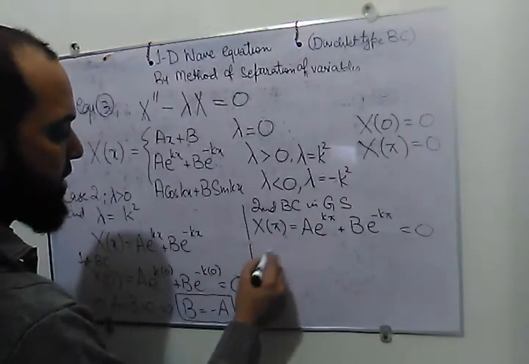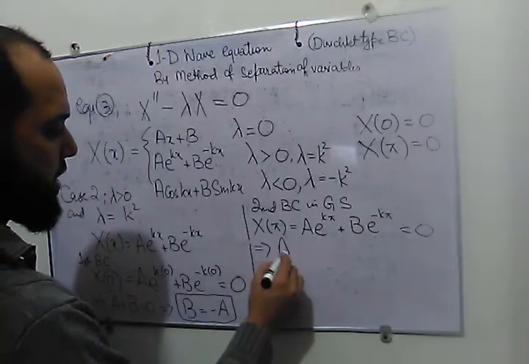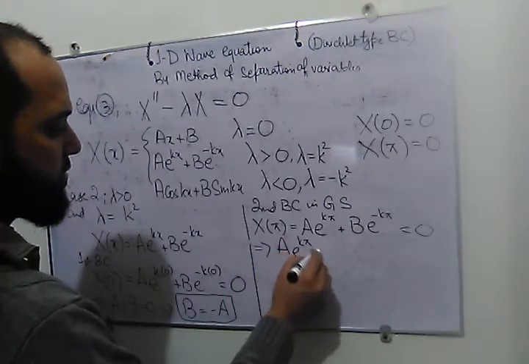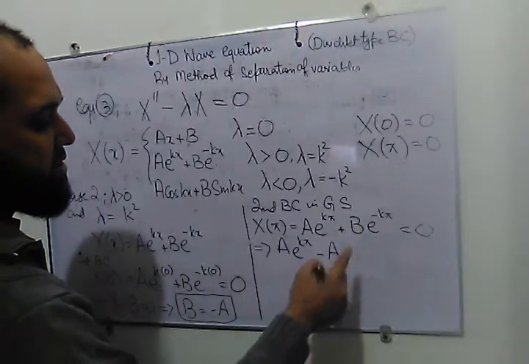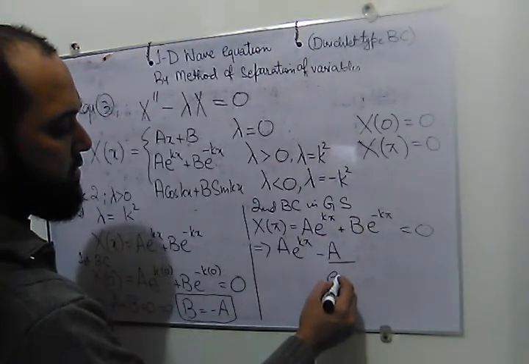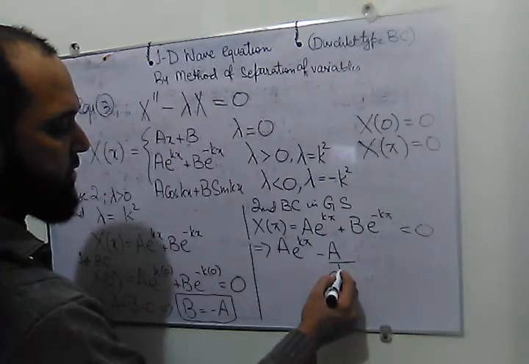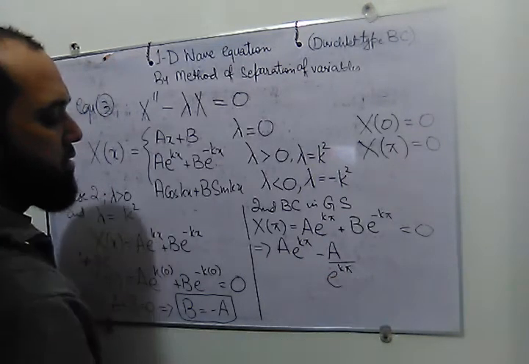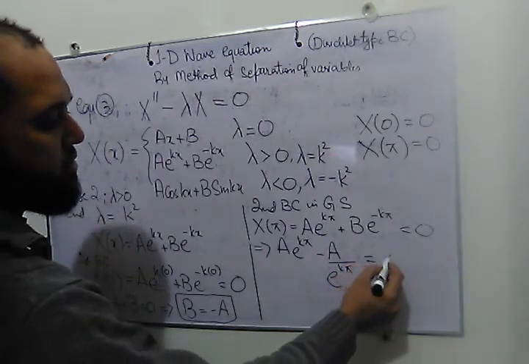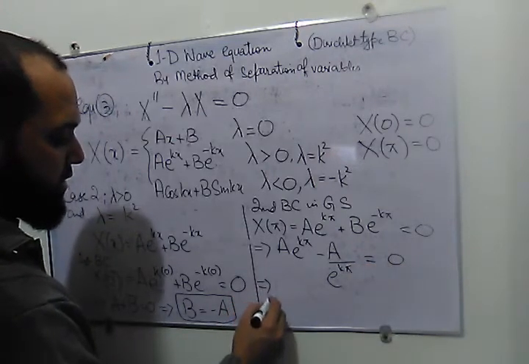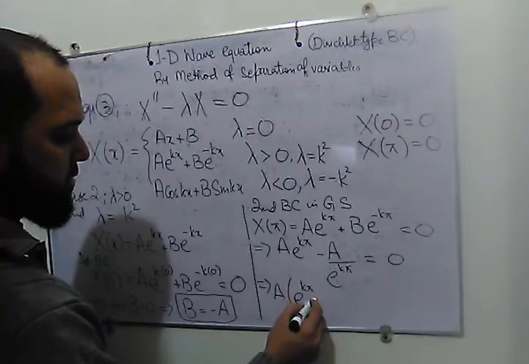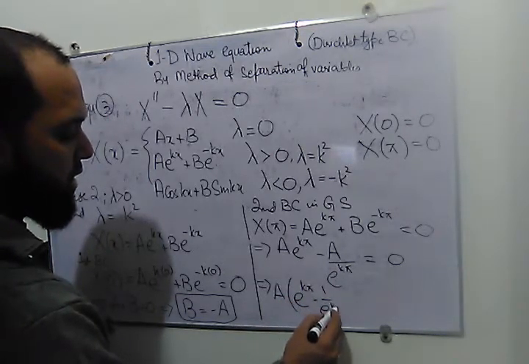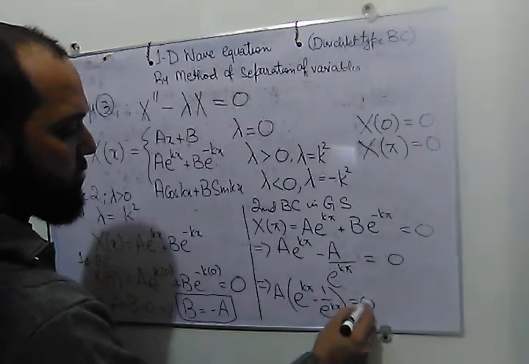So we see that from here b is equal to minus a, so we put minus a here and we take this in the denominator to make the power positive. If we take a common, we see that a times (e^(k pi) minus 1 upon e^(k pi)) is equal to 0.